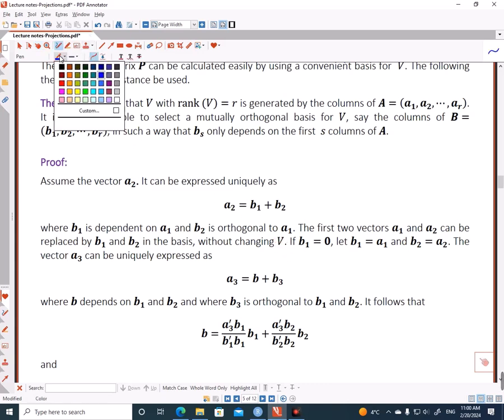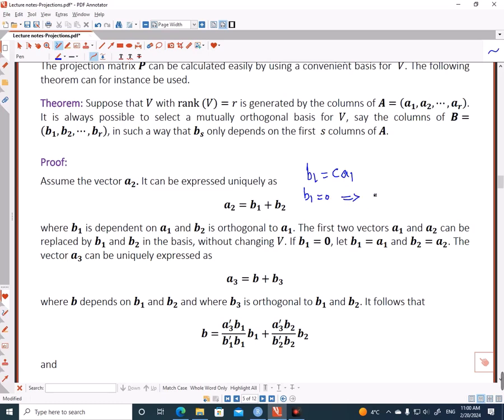And furthermore, if b1 is equal to 0, once again I can write b1 as something like c a1. And when b1 is equal to 0, I can conclude that, remember the coefficient from the first theorem in the previous video, it is a2 prime a1 divided by a1 prime a1 equal to 0, sorry, it must be a1 here, which means that the numerator is equal to 0.